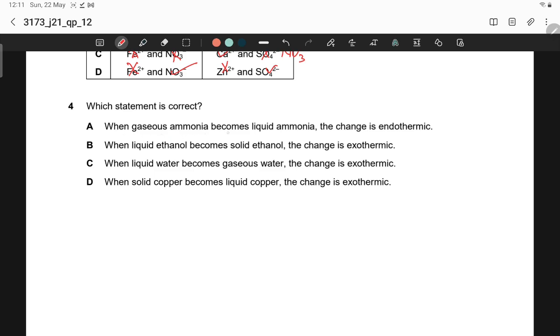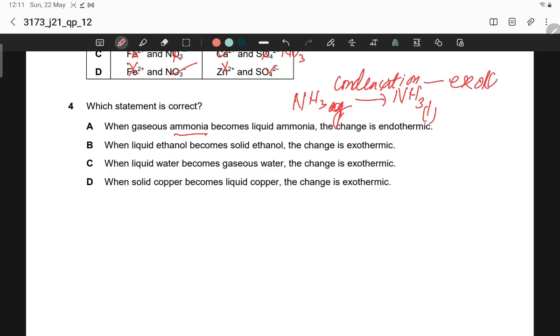When gaseous ammonia NH3 becomes liquid ammonia, this is a condensation reaction, and condensation is not an endothermic reaction, this is an exothermic reaction, so the first option is incorrect.